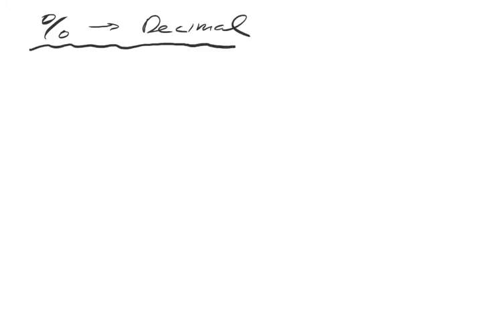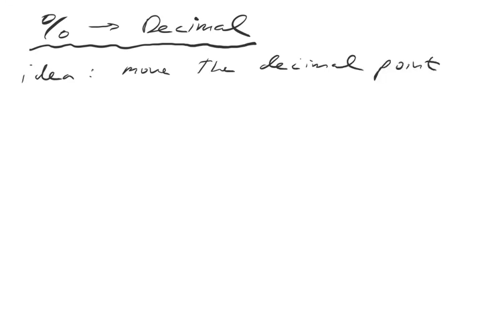So let's start with, how do we change a percent to a decimal? If I give you a percent, how do you change it to a decimal? So the big idea here is if it's a percent to a decimal, we move the decimal point two places left.